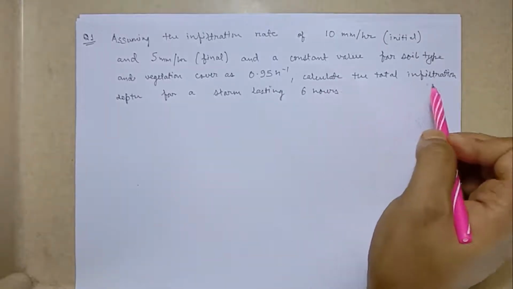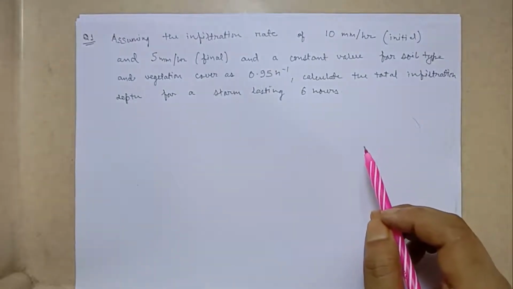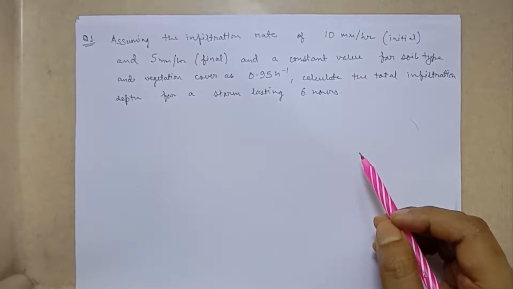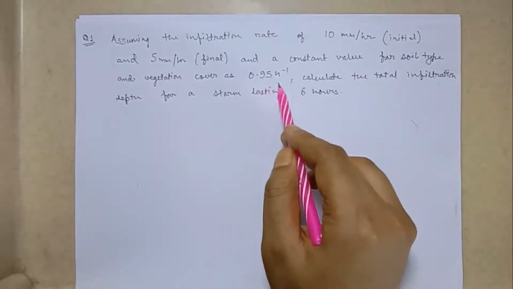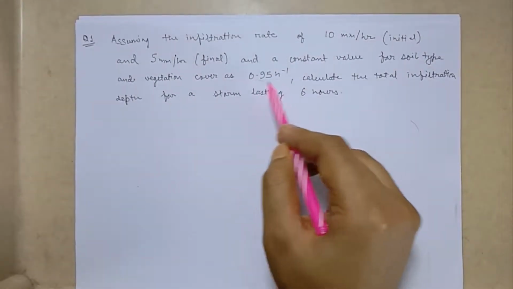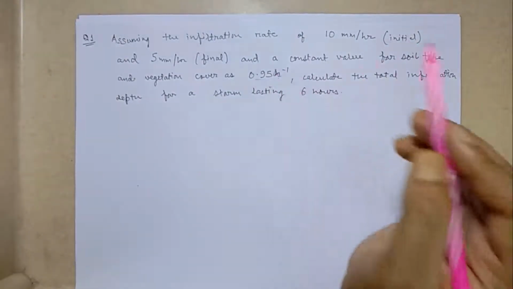Calculate the total infiltration depth for a storm lasting 6 hours. So you can see that we are given the initial and the final infiltration rate, and also a constant value for soil type and vegetation cover, 0.95 per hour. So it's like a rate of decay.